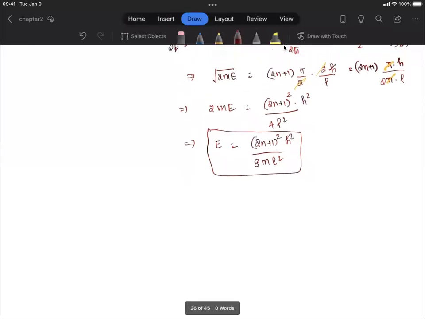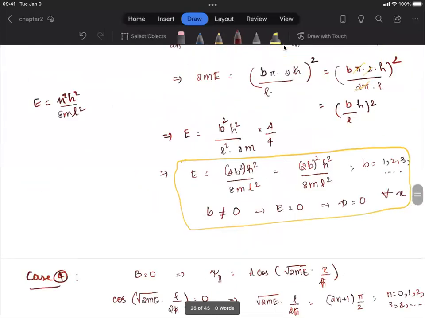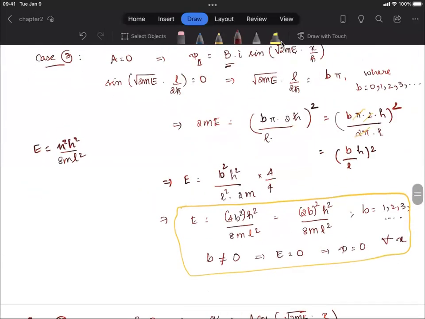So this would be the energy, and I'm sorry, in the previous case, I did not write the explicit form of the wave function.